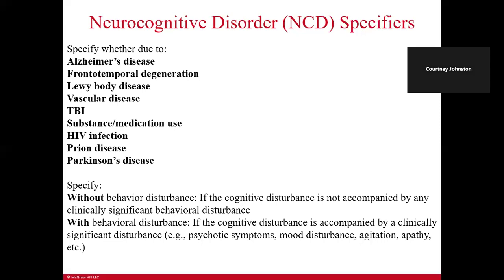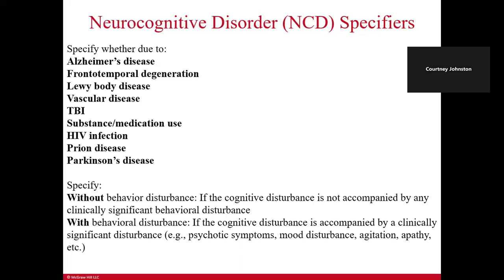And these can be, again, as I've mentioned, due to Alzheimer's disease, which is going to be the most common, frontotemporal degeneration, Lewy bodies disease, vascular disease, traumatic brain injury, substance or medication use, HIV infection, prion disease, or Parkinson's disease. So there's going to have to be a specifier that's noted through that. So doctors and clinicians will determine what is the underlying cause of those dementia-like symptoms, and it will be one of those.